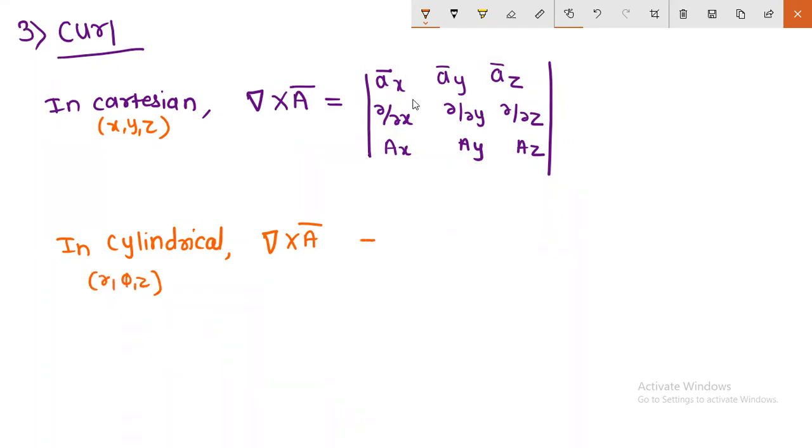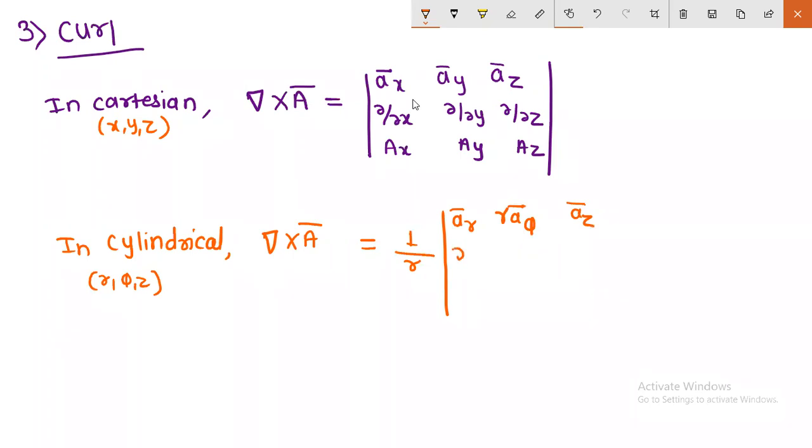So in cylindrical, del cross a bar is equal to 1 divided by r, and in the determinant it is a bar r, r into a bar phi, and a bar z. Check the unit vectors.